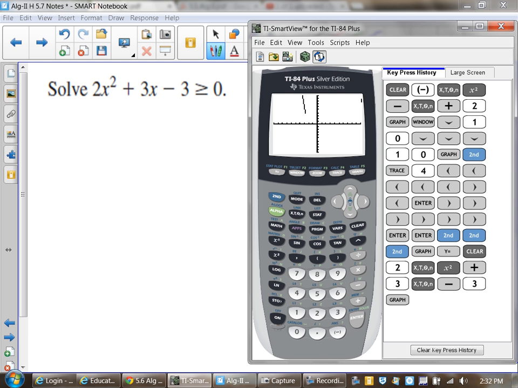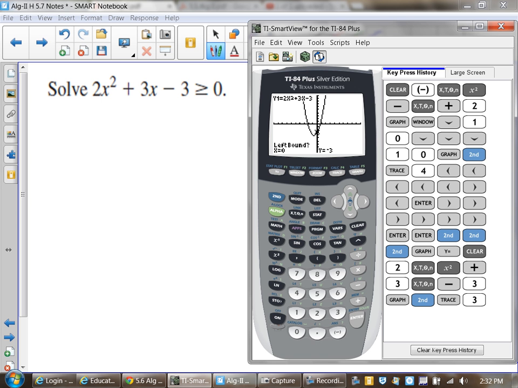Graph it. Make sure your window looks somewhat normal. We're okay. I have a minimum. My minimum value is occurring there, but I don't know what that is, so I hit second, trace, number 3.